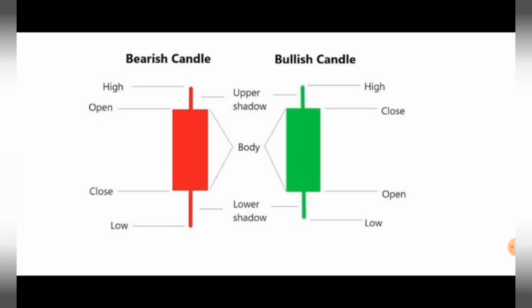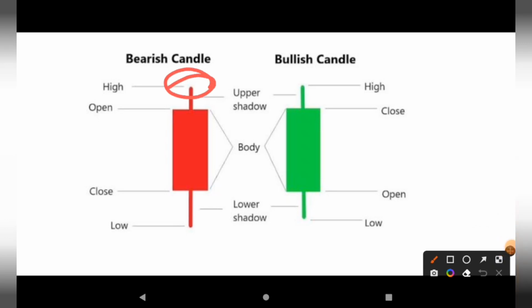Now this shadow is showing us that there's price rejection. This shadow right here is showing us that there's price rejection. I will take you into Binance now so that you see why this is called price rejection.